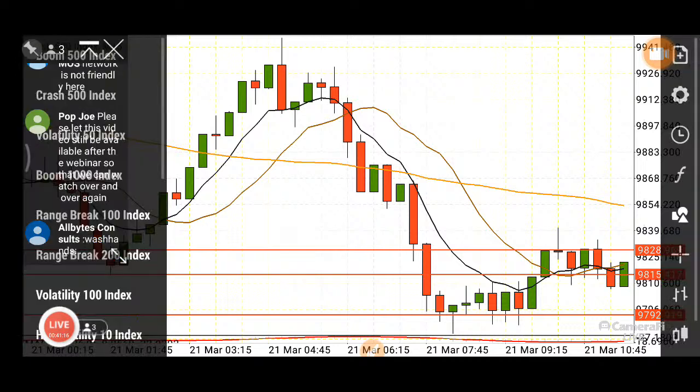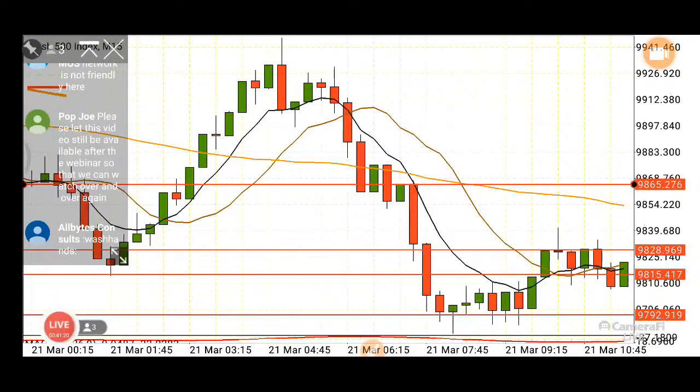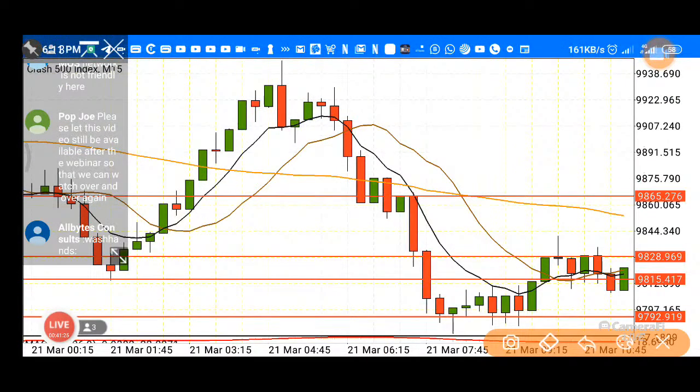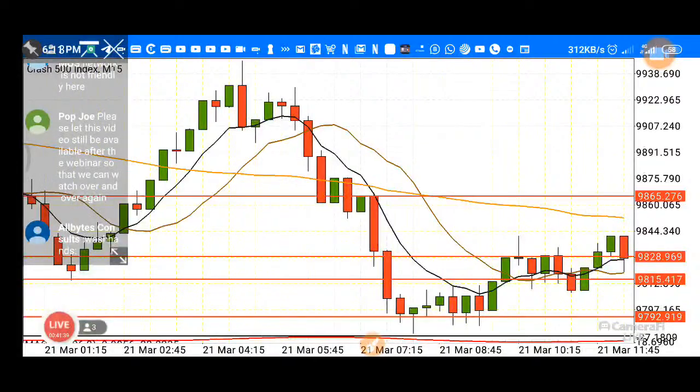If you can see, there's a little resistance here, so I'm using that as a TP. So let's see what is going to happen over here.